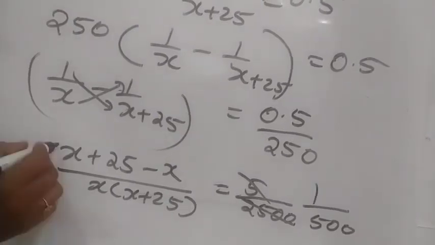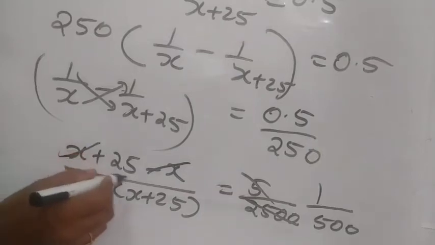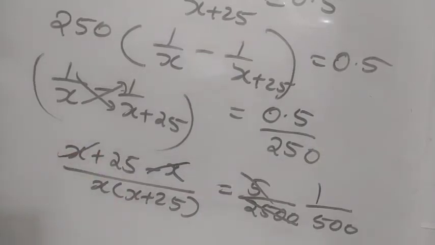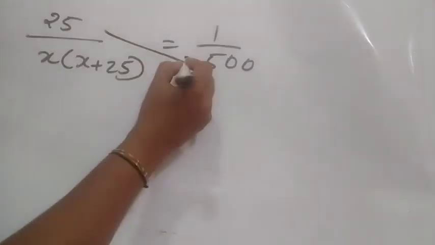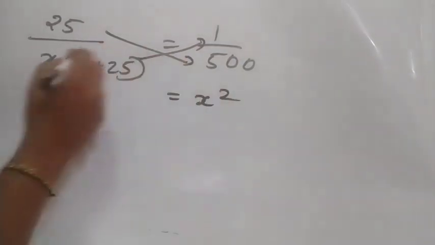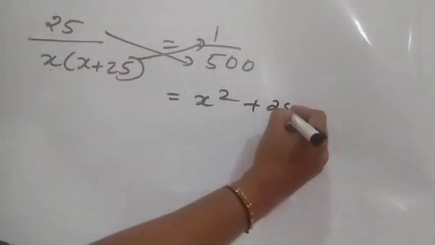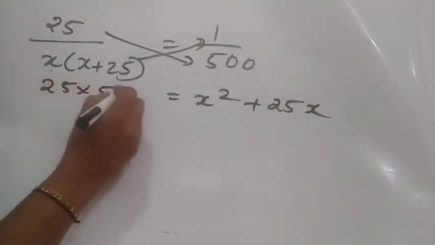Now we can cancel out this plus x and minus x, and we can cross multiply to get the simplified equation. Cross multiply these two: x into x, x square, x into 25, 25x, into 1 gives 25 into 500.